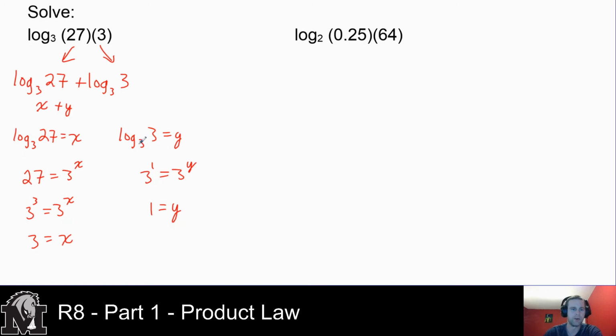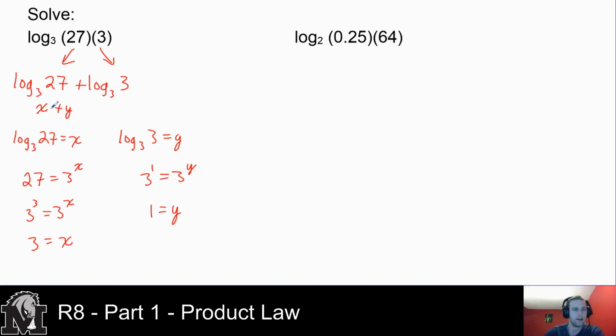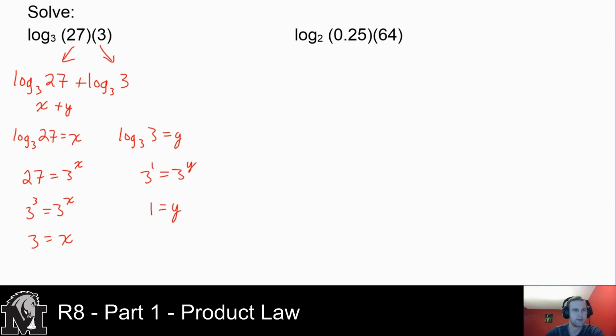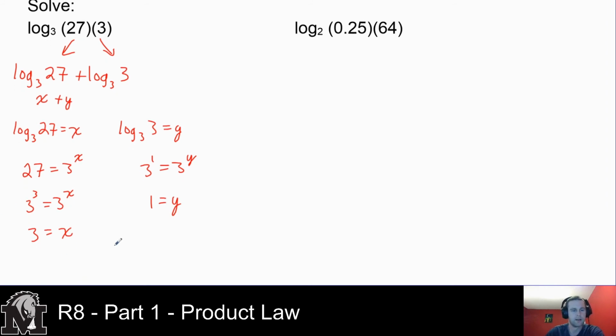And fun fact for you, anytime the base of a logarithm and the argument of that logarithm are the same, you're always going to end up with a 1 there. So in terms of our x plus y, x is 3 and y is 1. So my answer is 4.